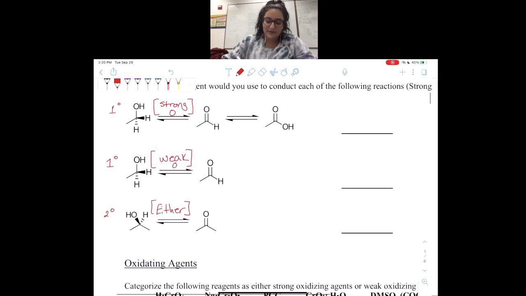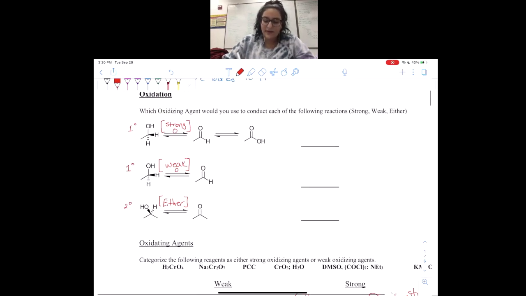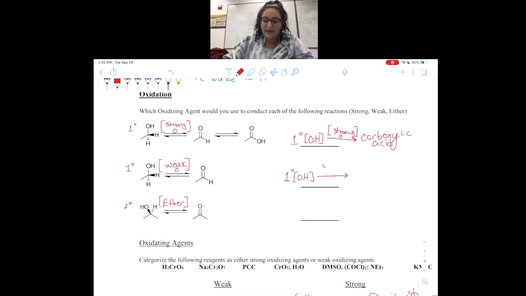So on the side, I'm just going to summarize: primary OH with a strong oxidizing agent gives us a carboxylic acid, versus a primary OH with a weak oxidizing agent, we'll stop at the aldehyde.